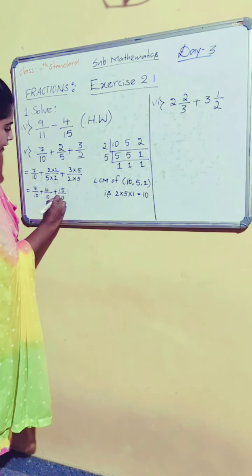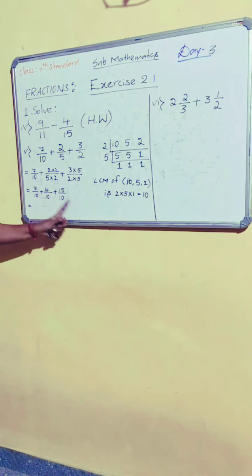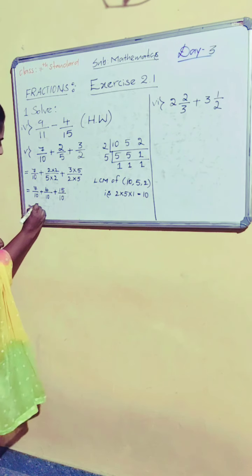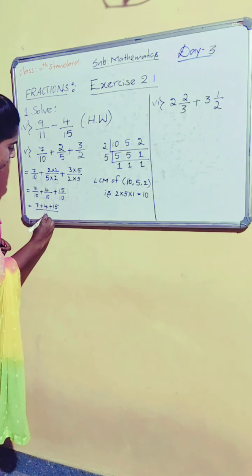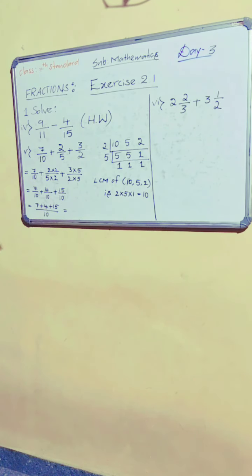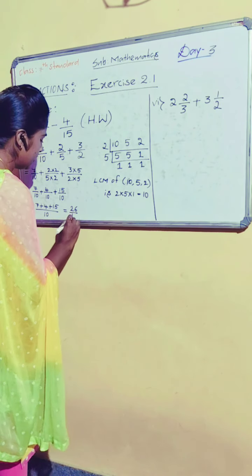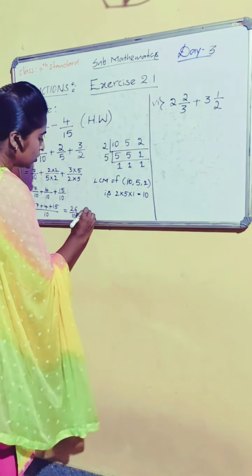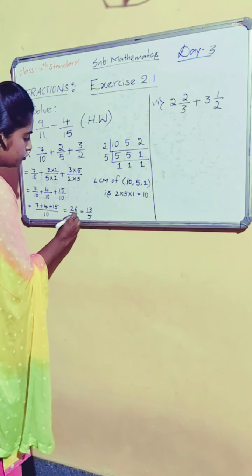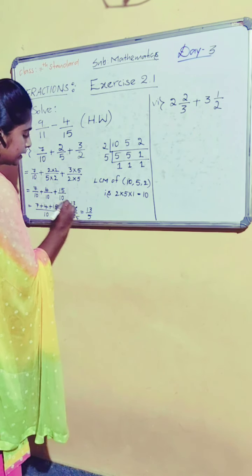So 7 by 10 plus 2 2s are 4 by 5 2s are 10, plus 3 5s are 15 by 2 5s are 10. Since we got all like fractions, what can I do? I can directly add the numerators, isn't it? So 7 plus 4 plus 15 by 10. 7 plus 3 is 10, 10 plus 1 is 11, 11 plus 15 is 26, that is 26 by 10, or else both are divisible by the same number, so 13 by 5, 2 1s are 2, 2 3s are 6.